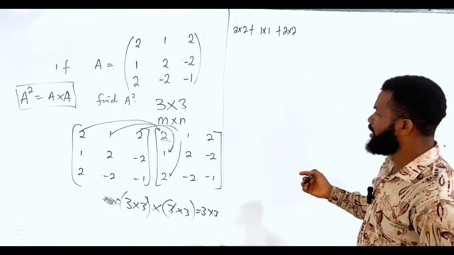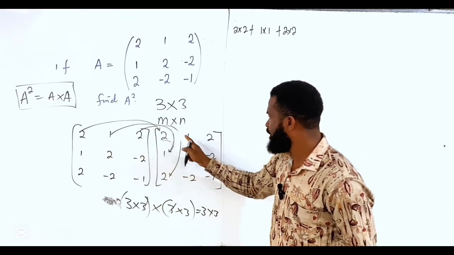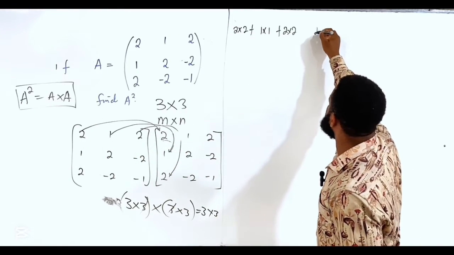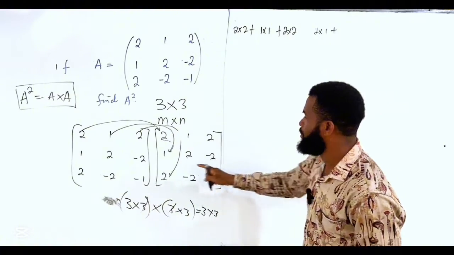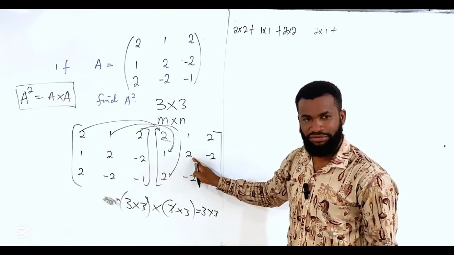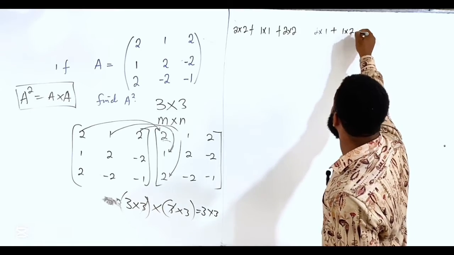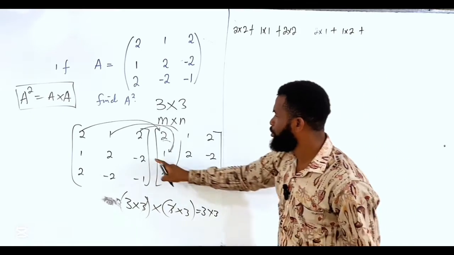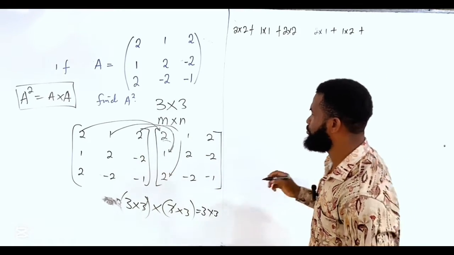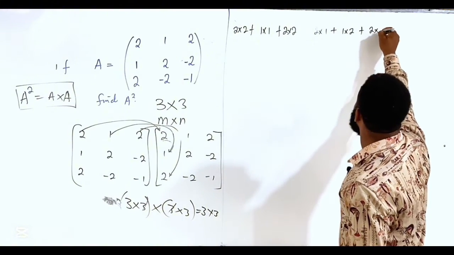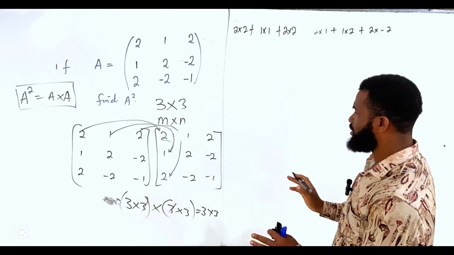I am continuing again. Now, 2 times 1 plus 1 times 2 plus 2 times minus 2. That is the second.